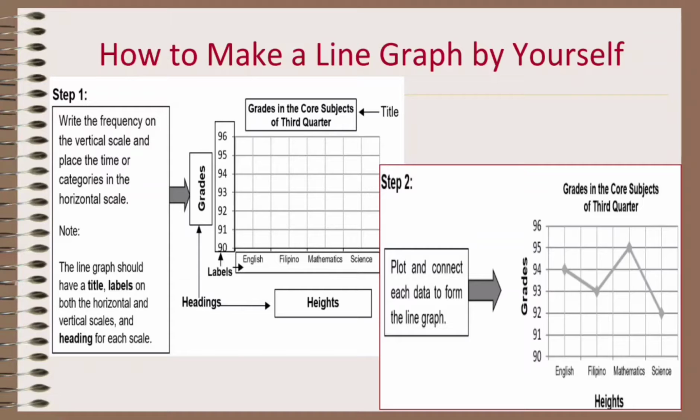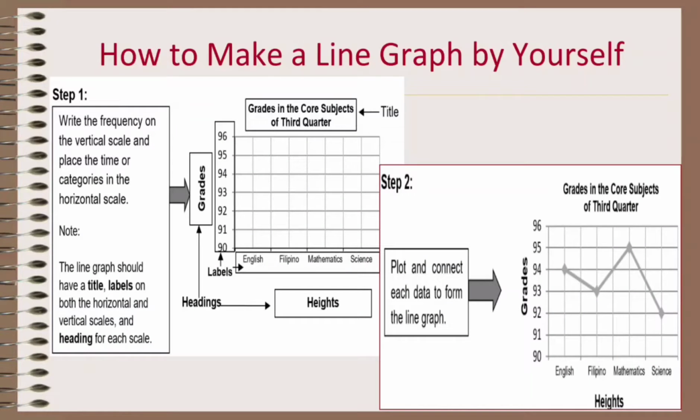So, grades in core subjects, that is the title of our data. Grades in the core subjects of third quarter. Then we have here the grades. As you can see, we have here the heights. But that must be wrong, no? Because that is not heights. Instead, it is, did you notice that?